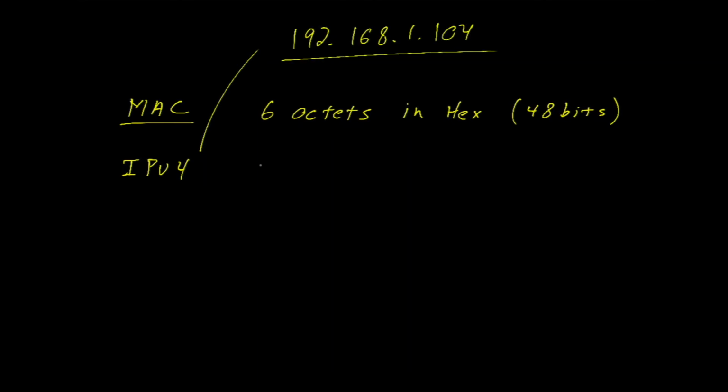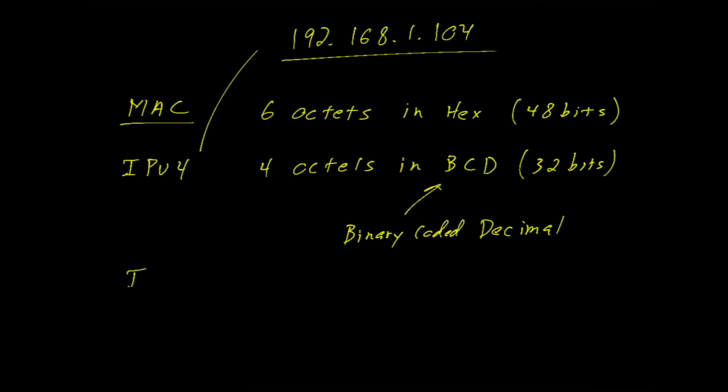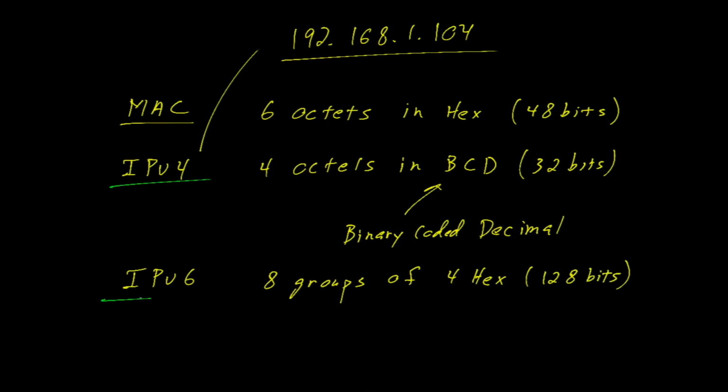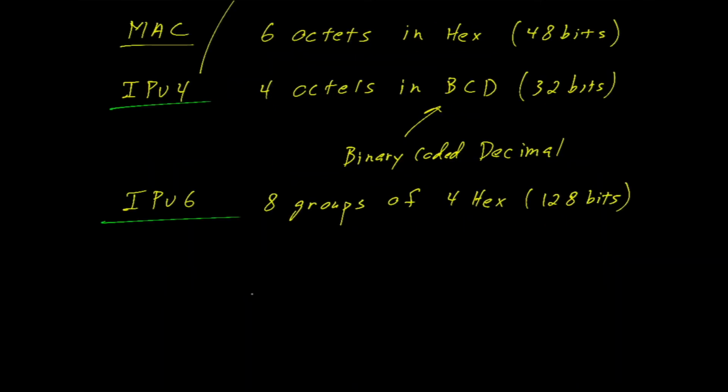There are 4 octets, and that's in binary coded decimal, which yields 32 bits. And the one we just mentioned before, IPv6: there are 8 groups of hex, so that's 4 digits in hex, which gives you a total of 128 bits. You may ask, why did we move to version 6? And the simple answer is, we just ran out of bits.